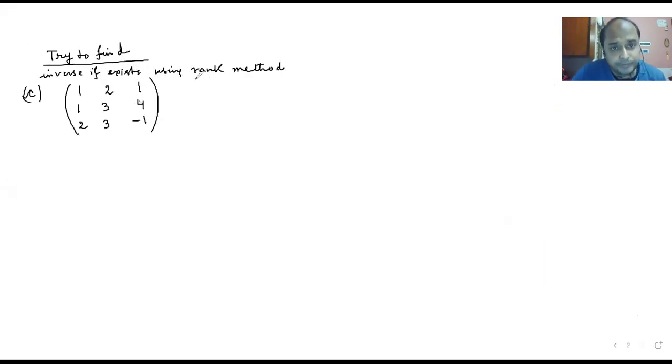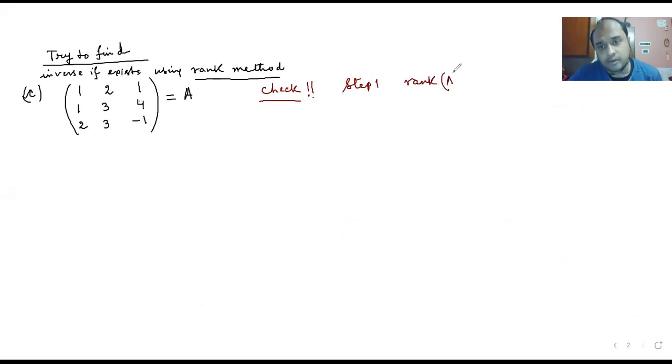Okay, so here I am stopping, and you're supposed to find out the inverse. You are going to check whether the rank of this matrix is 3 or not. First of all, you need to check step number 1, rank of A. If it is less than n, then you can avoid finding the inverse.